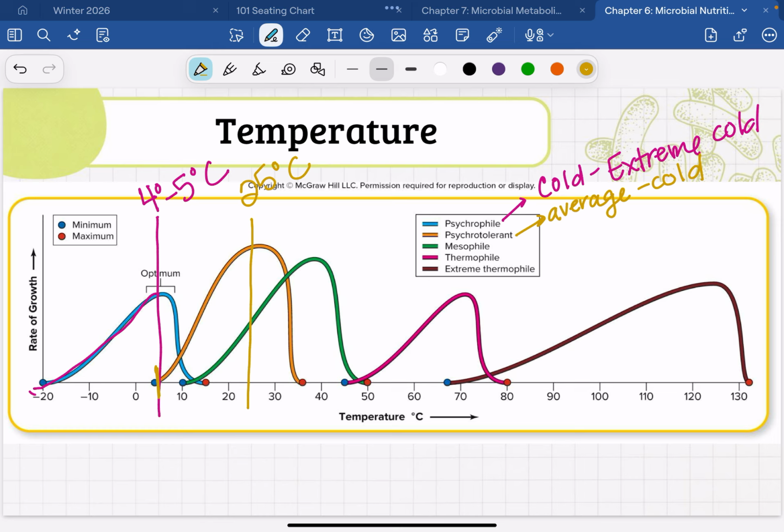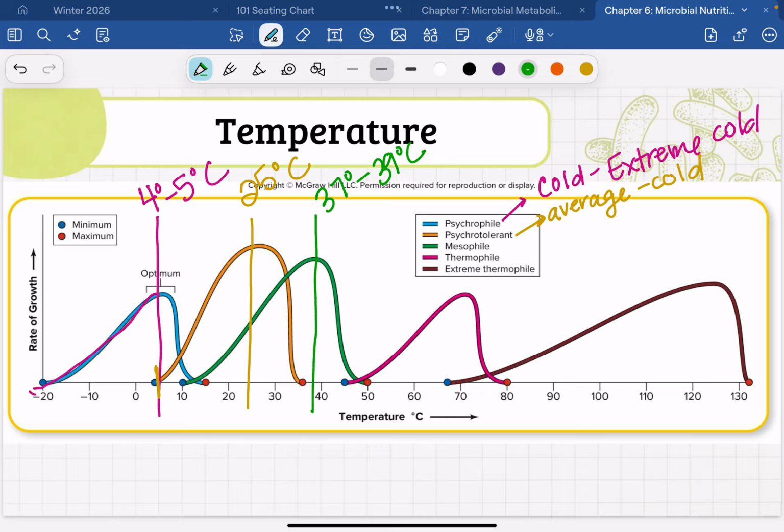Okay. Next, we have mesophiles. Now, mesophiles, their average temperature is usually about 37 to 39 degrees Celsius. And what is 37 to 39 degrees Celsius that we talked about? The human body.